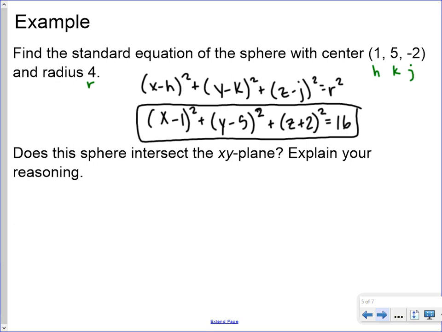And then see if you can have a quick discussion with the people around you. Do you think that this sphere would intersect the xy plane? Can you explain your reasoning as to why or why not? And so share with each other what you're thinking about right there. See what you got.